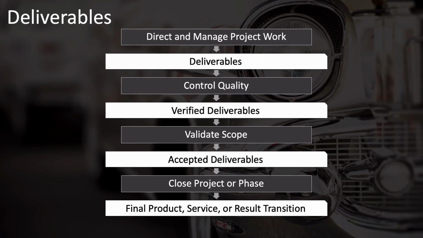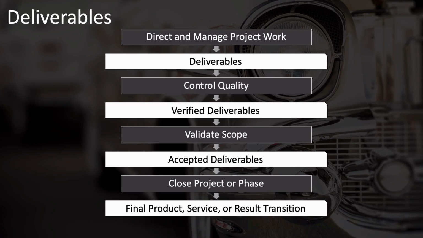They're still the same deliverables, but now they have this qualifier of verified at the beginning of the name, simply to distinguish them from deliverables and indicate that they've passed the control quality process. These verified deliverables then go to the validate scope process, and it's this process that sits down with your key stakeholders, reviews with them the deliverables and the quality report, and shows that they've met the quality requirements, and gets these key stakeholders to accept these deliverables as complete and acceptable.